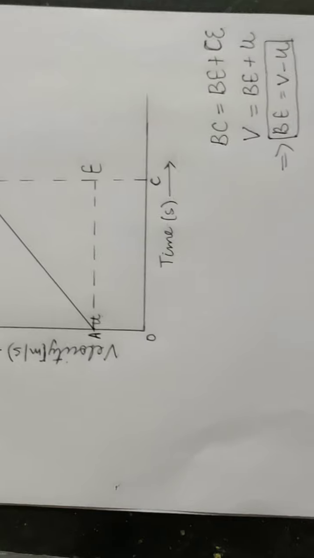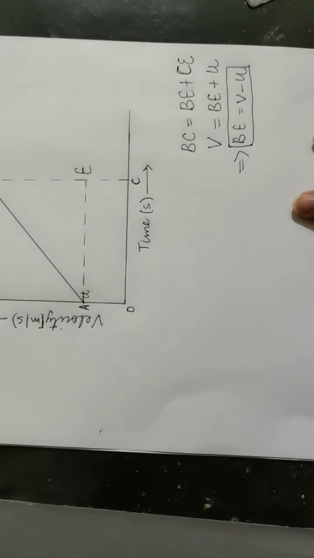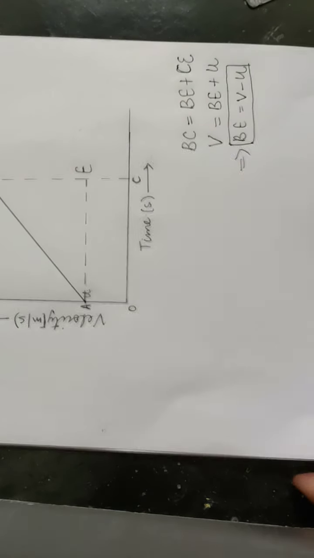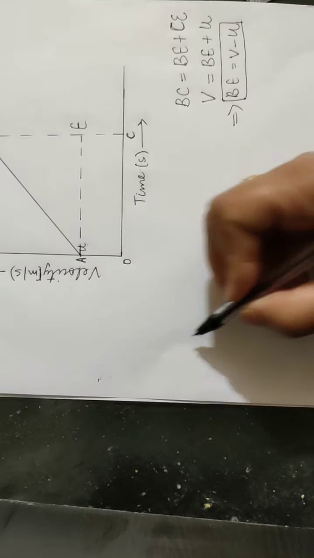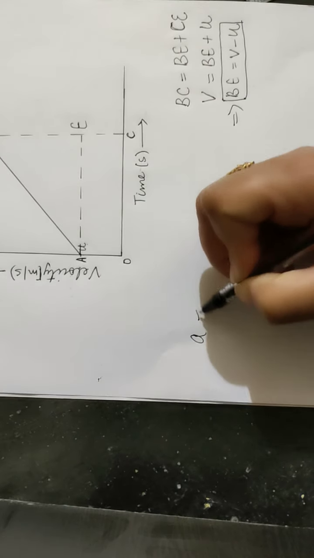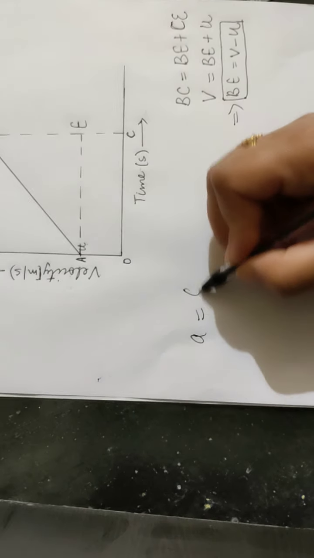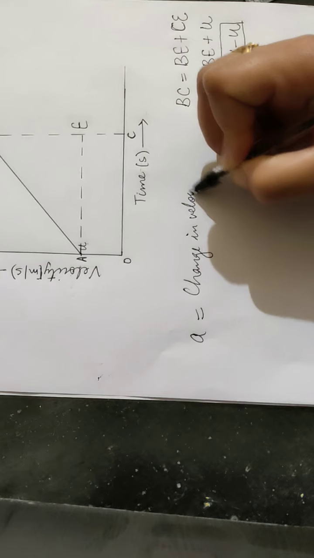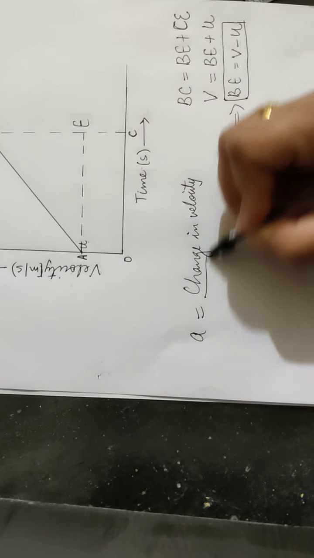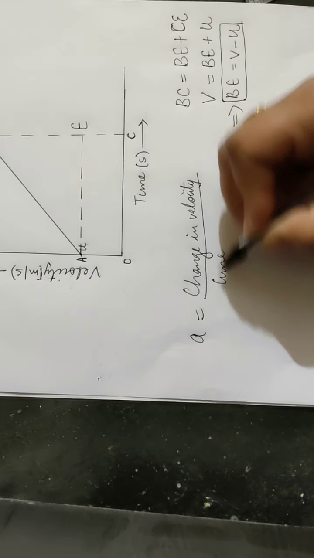Now, from the velocity time relationship, we can find out the acceleration. Acceleration, as we know, is given by change in velocity upon time taken.